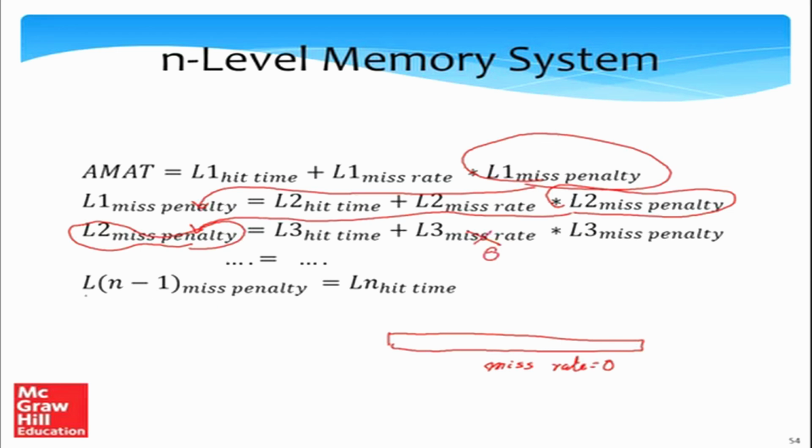For the last level, the miss penalty of the second last level is the hit time of the last level, because we are assuming that no accesses miss over there. This tells us that if we know the miss rates and the hit times at each level, we'll be able to compute the average memory access time.